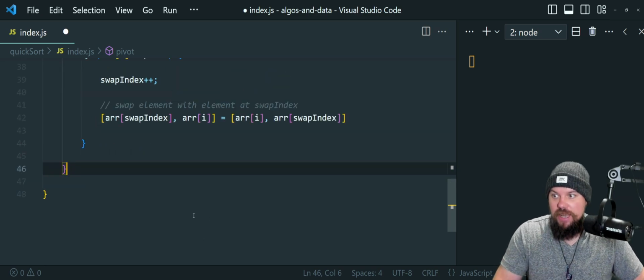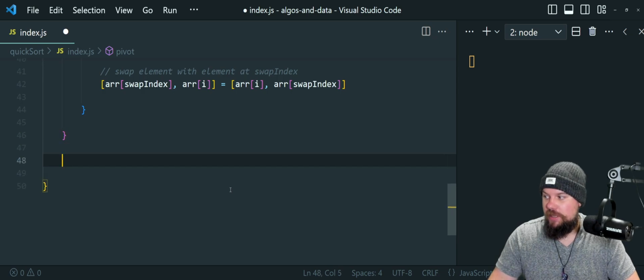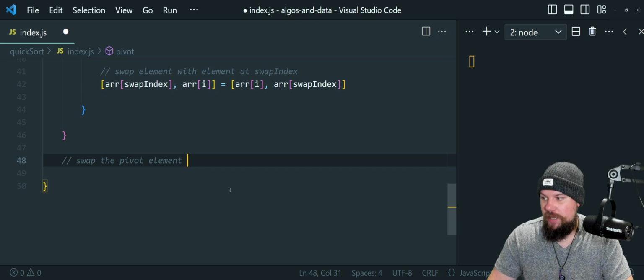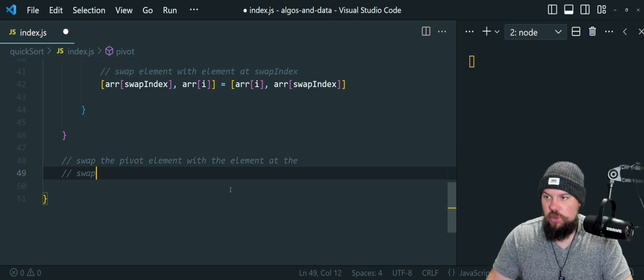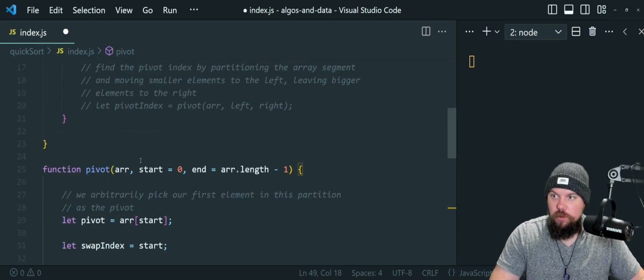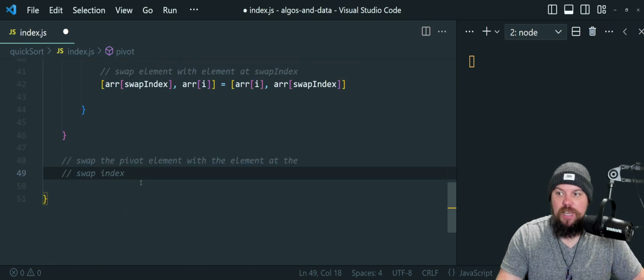And then finally, after all smaller things than our pivot have been swapped to the left, we have to swap the pivot element with the element at the swap index, right? So again, that 64 needs to swap to the swap index with whatever element's there.